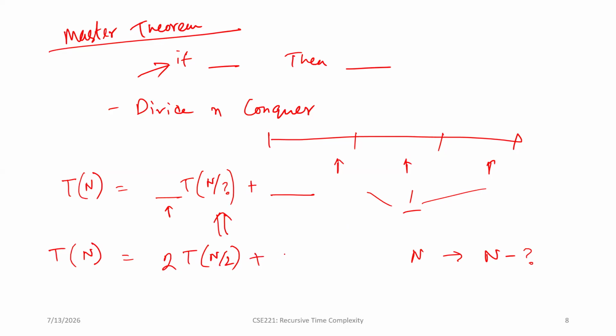And then we do some work. In merge sort, we do merging. In quick sort, we do the partition. In maxsum subarray, we do the cross sum, which takes linear time complexity. So the time complexity of all those 3 algorithms can be written as this single recurrence.